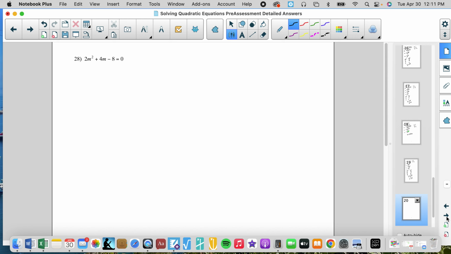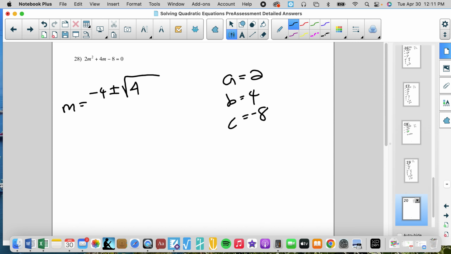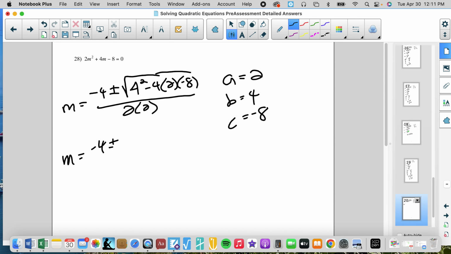A equals 2, B equals 4, C equals negative 8. M equals the opposite of B, plus or minus square root of B squared minus 4 times A times C all over 2A. M equals negative 4 plus or minus 16 plus 64 over 4.